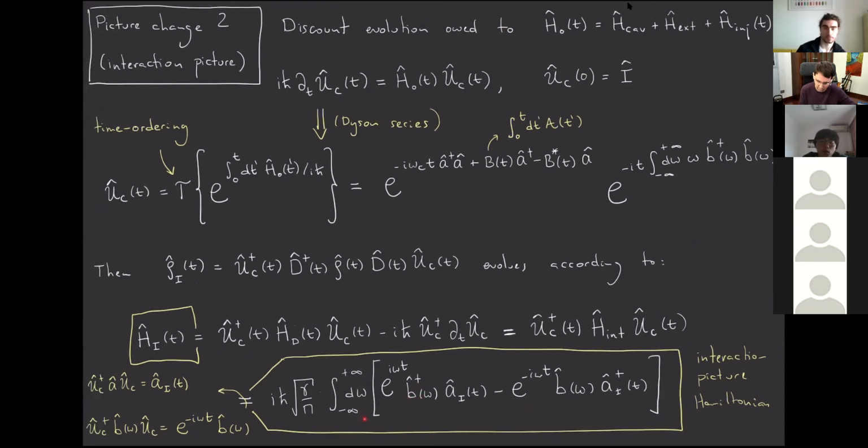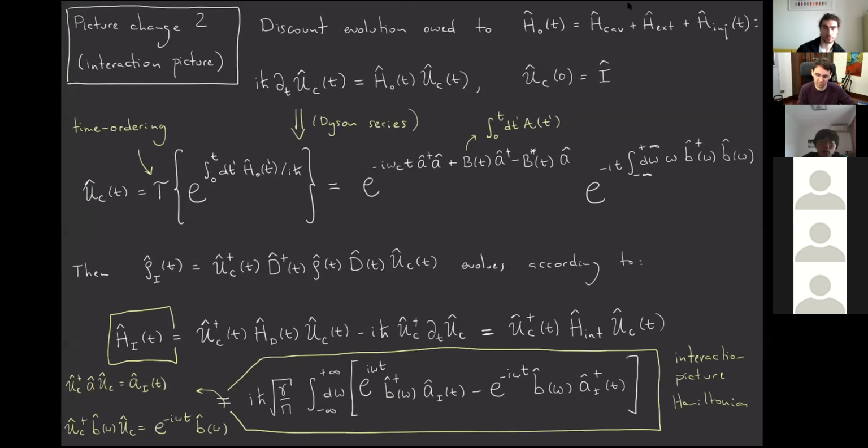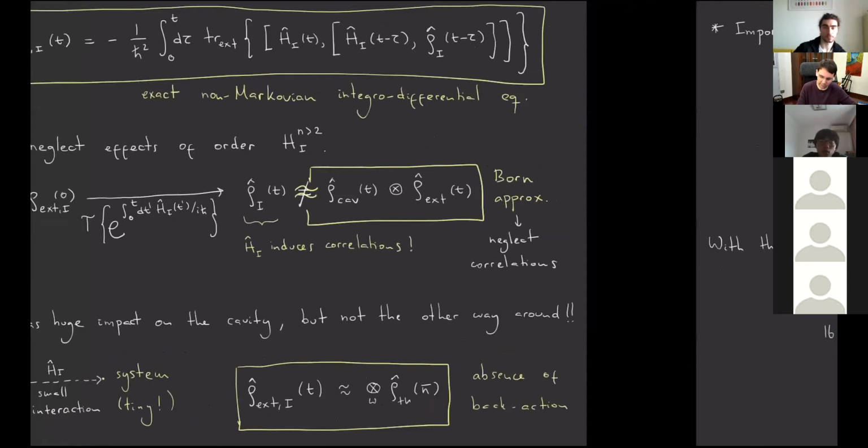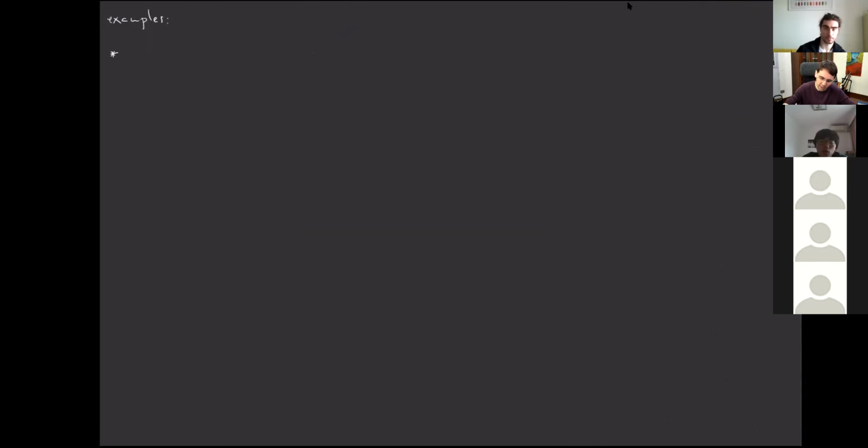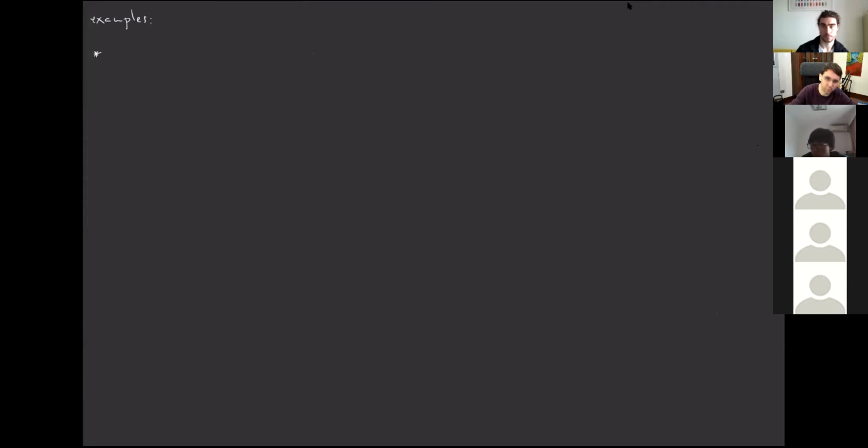So then I consider this term times this term times the state. That's one of the 16 terms, let's say the first one, okay? And this gives me the following. This gives me gamma over pi, because the interaction has a square root of gamma over pi.